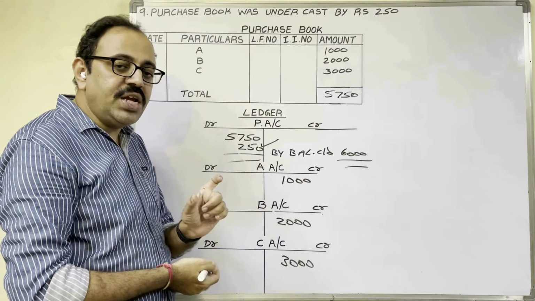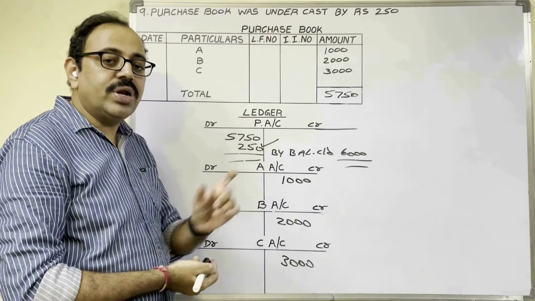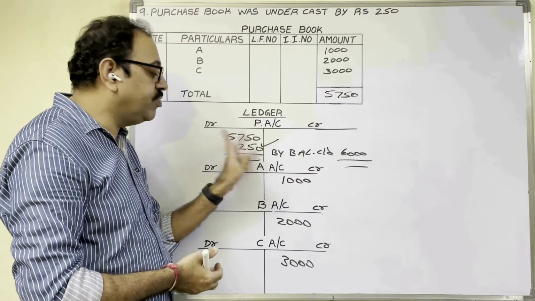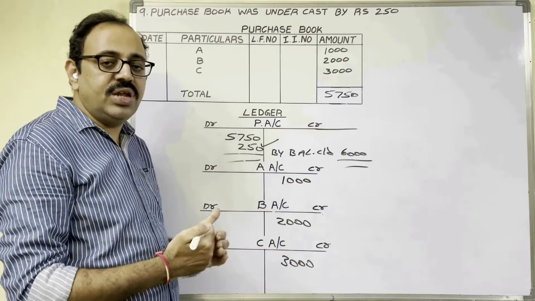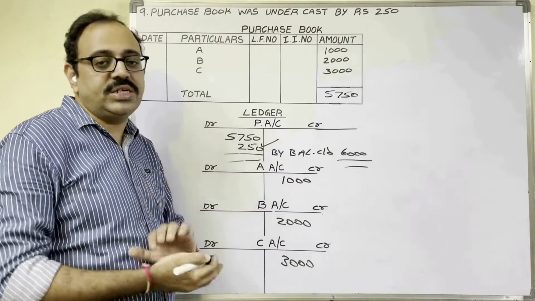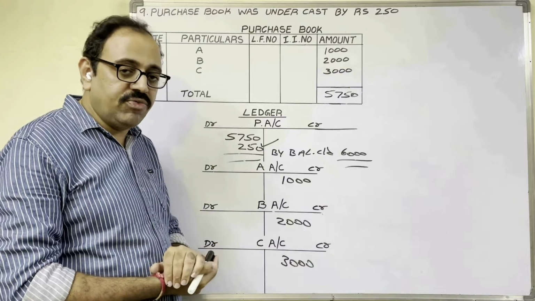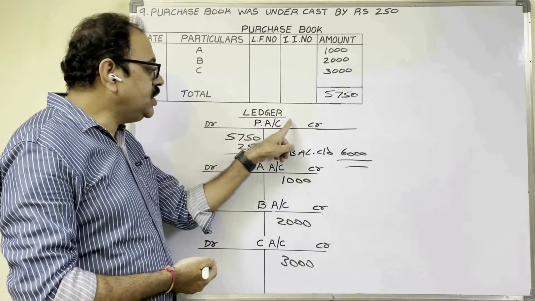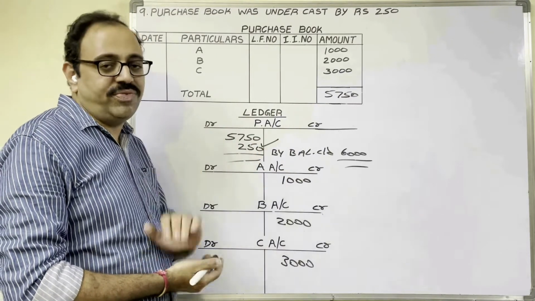If this rectification is done before preparing trial balance, then we should write a sentence: purchase account should be debited with 250 rupees. If this rectification of error entry is recorded after preparing trial balance, then by using suspense account we should write the entry. Entry will be purchases account debtor to suspense account 250.